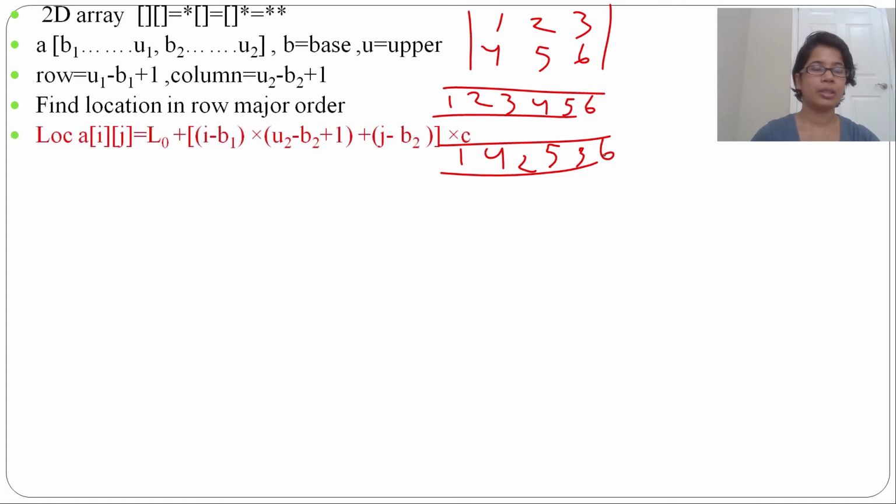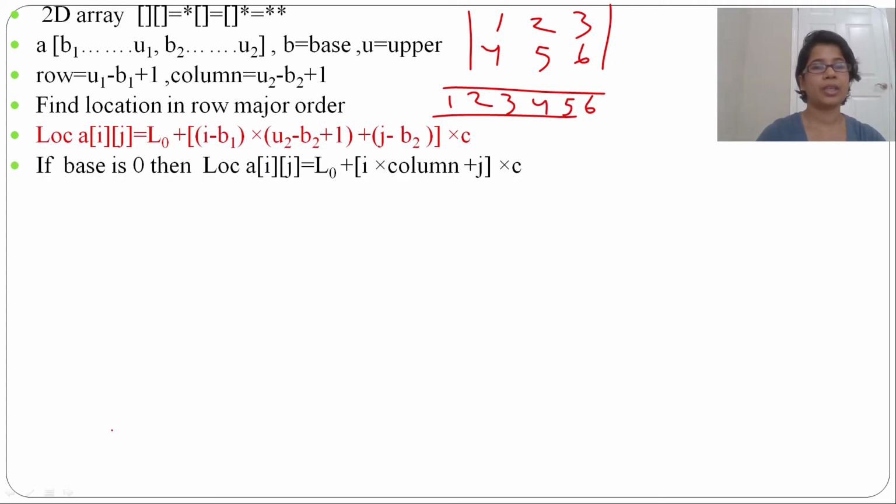The location in row major order formula for a[i][j] is L0 plus (i minus B1) into the number of columns, plus (j minus B2), all multiplied by C, where i is the row asked for, B is the base, and C is the element size. This is the basic, common formula.